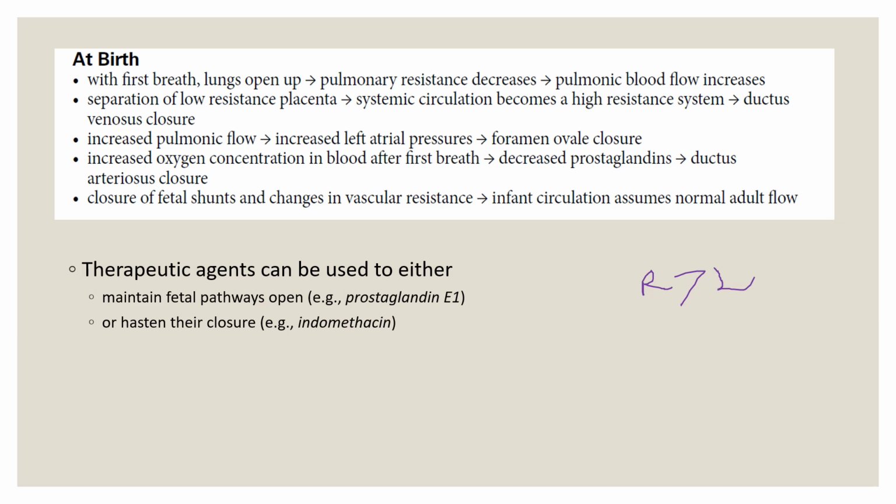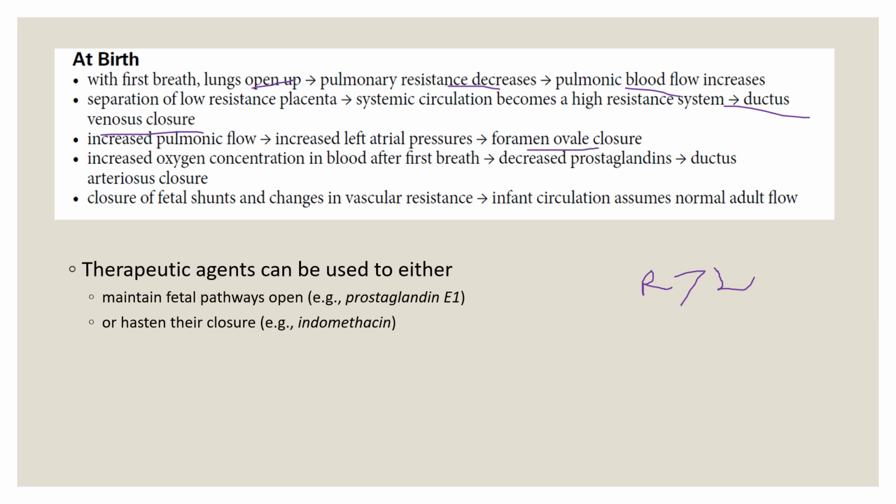So what happens is, with the first breath the lungs open up, the pulmonary resistance decreases and pulmonary blood flow increases. So there is a separation of the low resistance placenta from the systemic circulation, which becomes a high resistance system. Your ductus venosus first closes. Due to increased pulmonary flow, there is an increase in left atrial pressure, because more blood is reaching back to the left atrium via the pulmonary vein.